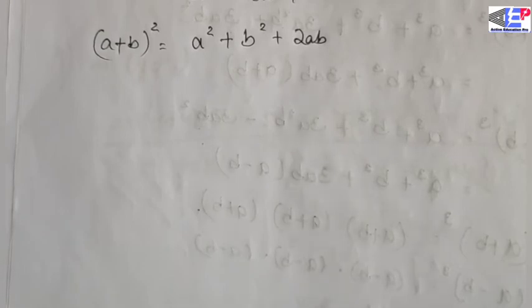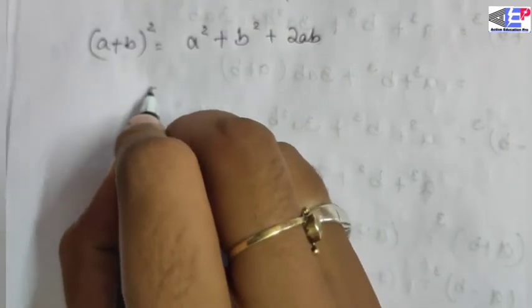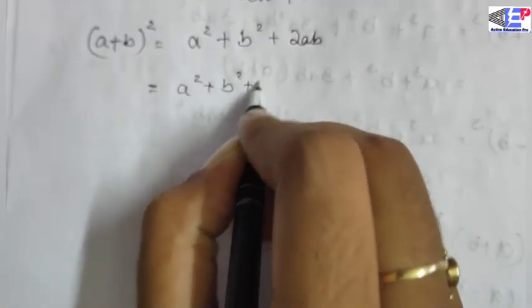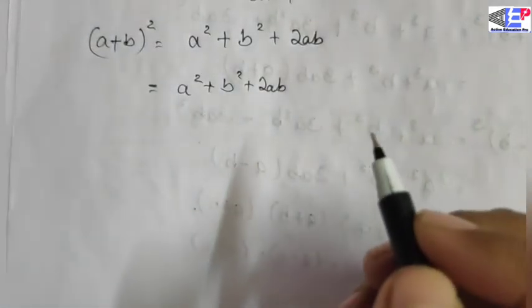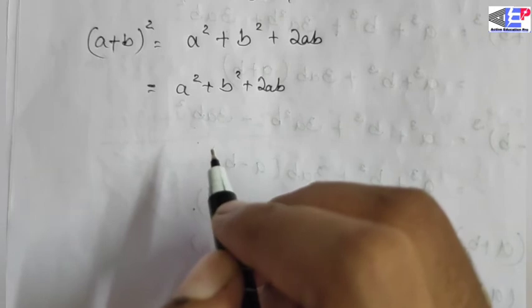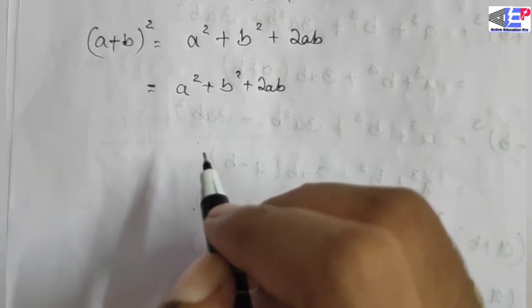Normally we know (a plus b) whole square is equal to a square plus b square plus 2ab, but yes, it has another formula: (a minus b) whole square plus 4ab. Let's derive the other formula. a square plus b square plus 2ab. We need to make it (a minus b) whole square. The (a minus b) whole square formula is a square plus b square minus 2ab.